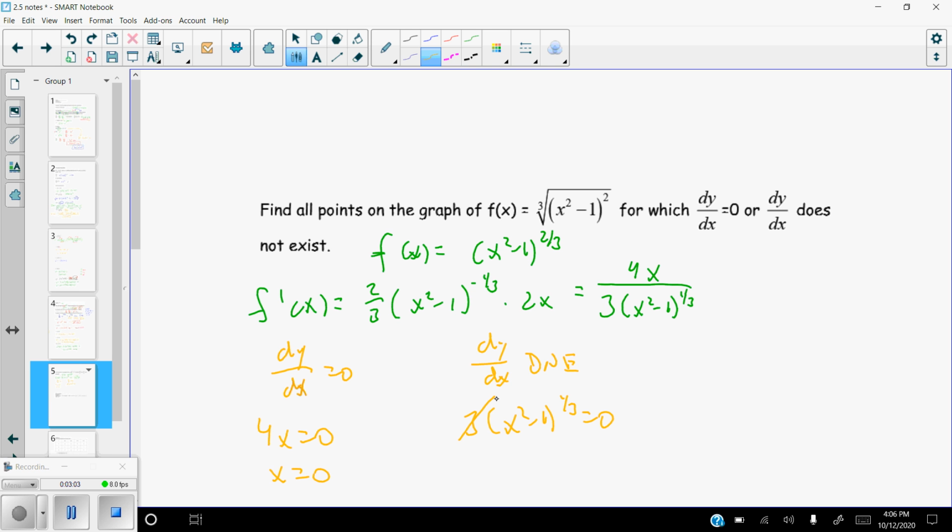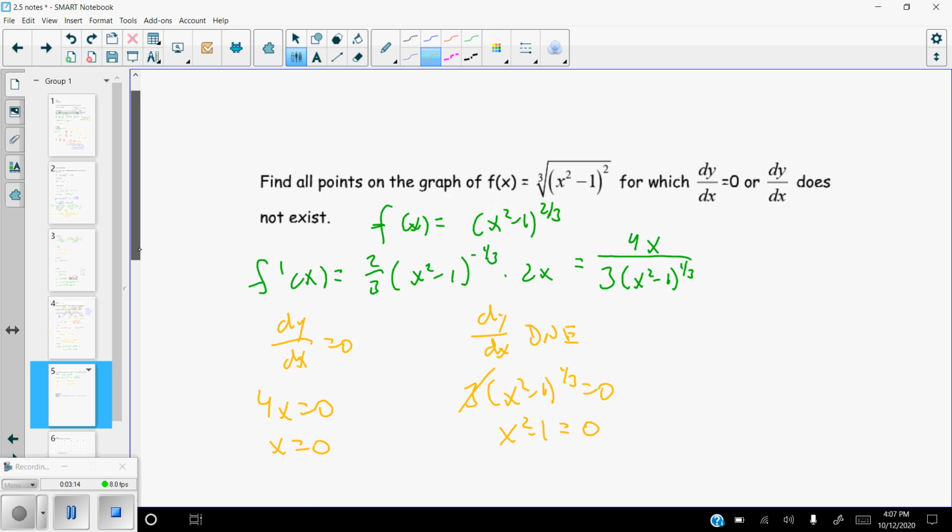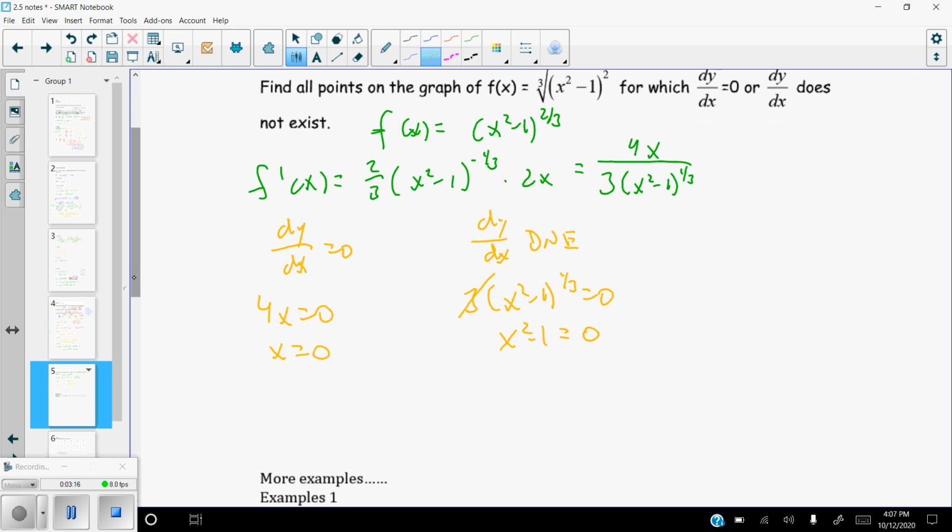Well, cubing 0, just like dividing 0 by 3, is still 0 on the right side. So ultimately what I get is x squared minus 1 equals 0. And then you can either add 1 and take the square root on both sides, or you could factor that to x plus 1, x minus 1. One way or the other, you're going to get that x equals positive or negative 1.